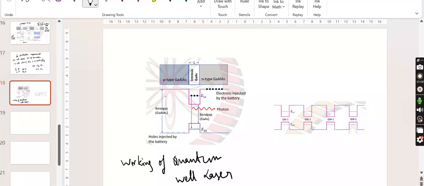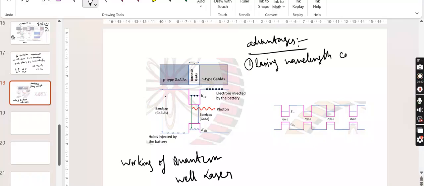So the quantum well laser has some distinct advantages. The first one is the ease with which the lasing wavelength can be tuned, like just changing the thickness.